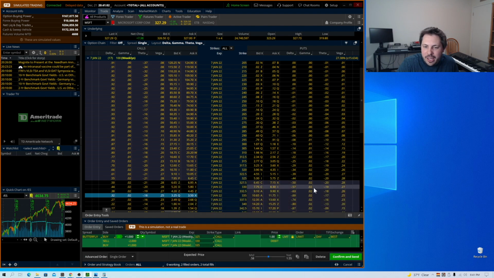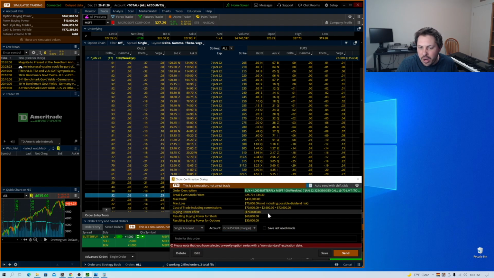But our risk to reward on this 5-point spread, if we were getting this for $1, is that we're risking $1 to make $4. Now, obviously, it would be better if we could get this for a cheaper debit, because then we would have much better odds. Right now, we're betting less money to make more money.